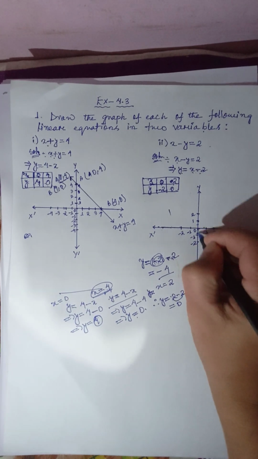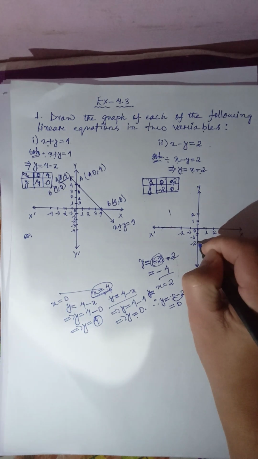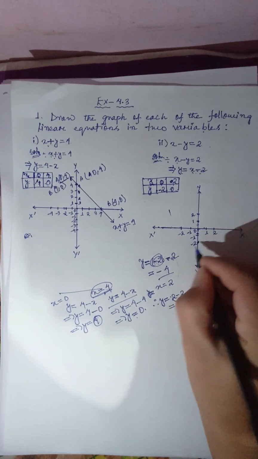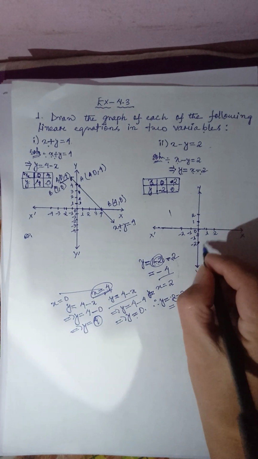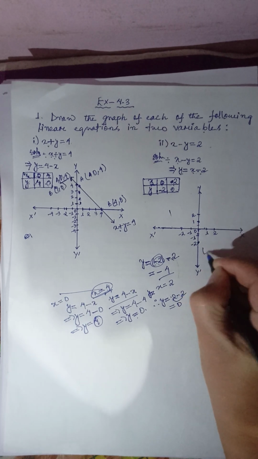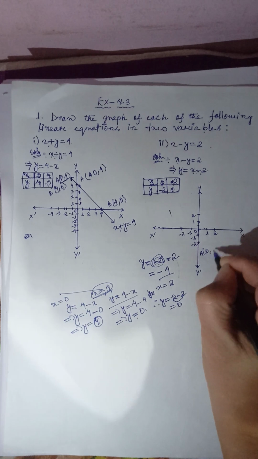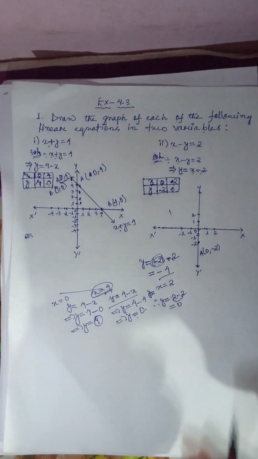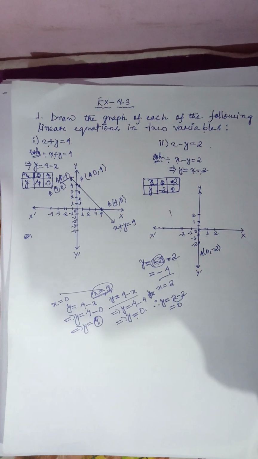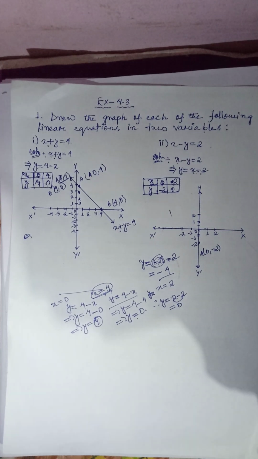Since it is minus 2, then we need to move downside. It is 0, minus 2, let us name it as A. And after that, we have the next point, which is 2, 0.